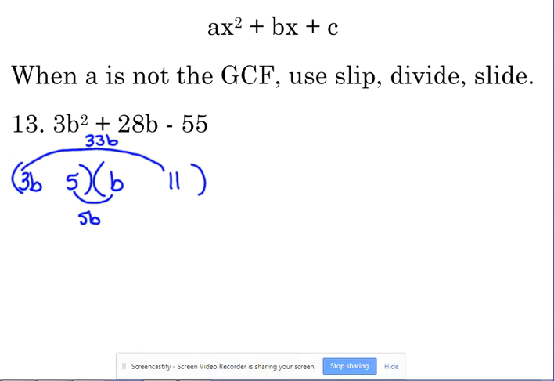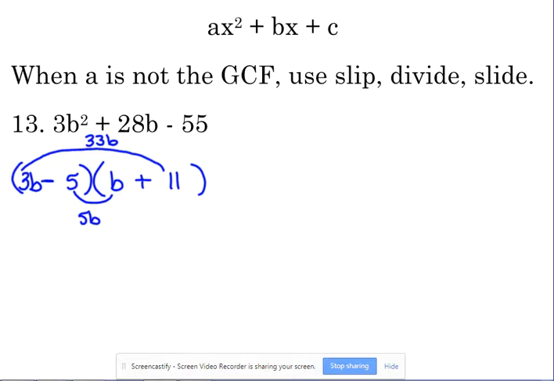I need to get positive 28, so my 33 needs to be positive and my 5 needs to be negative. I've been factoring for a really long time, so I know how the pieces work together. That one was pretty easy for me.